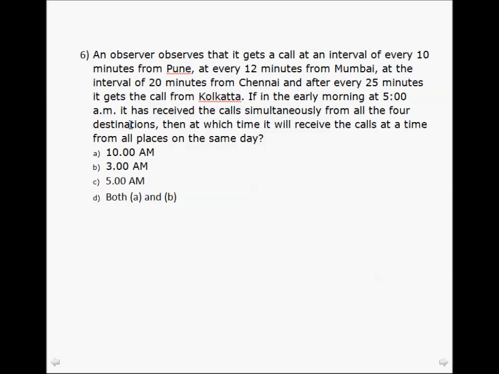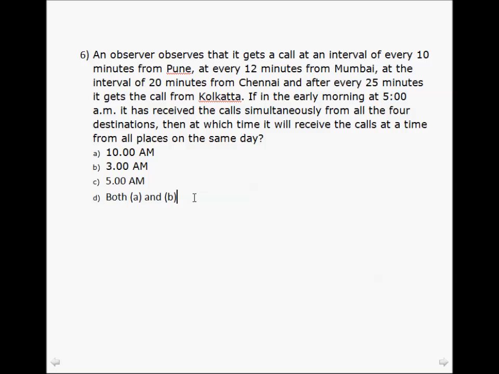So again, we have solved this kind of question in our illustration video, but let's see how to approach this. So the person gets a call at 5 am. Next he would get a call from Pune at 5:10, then at 5:20, then at 5:30 and so on. From Mumbai he would get at 5:12, 5:24, 5:36 and so on.